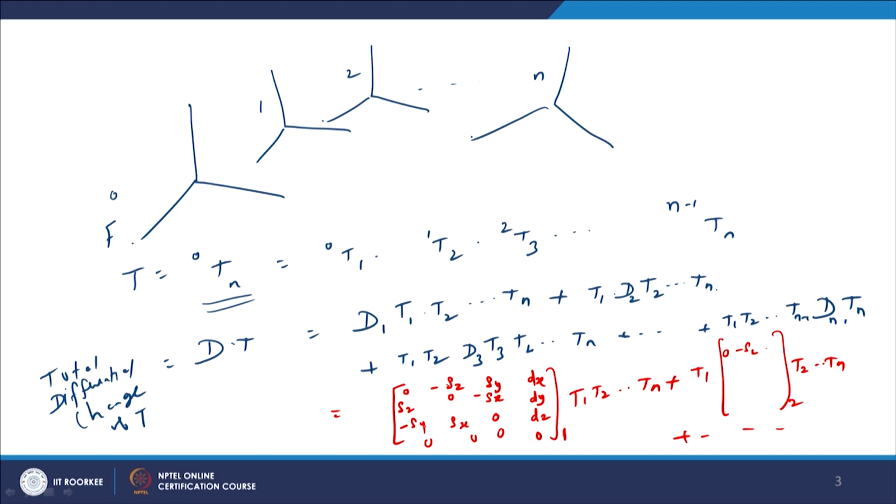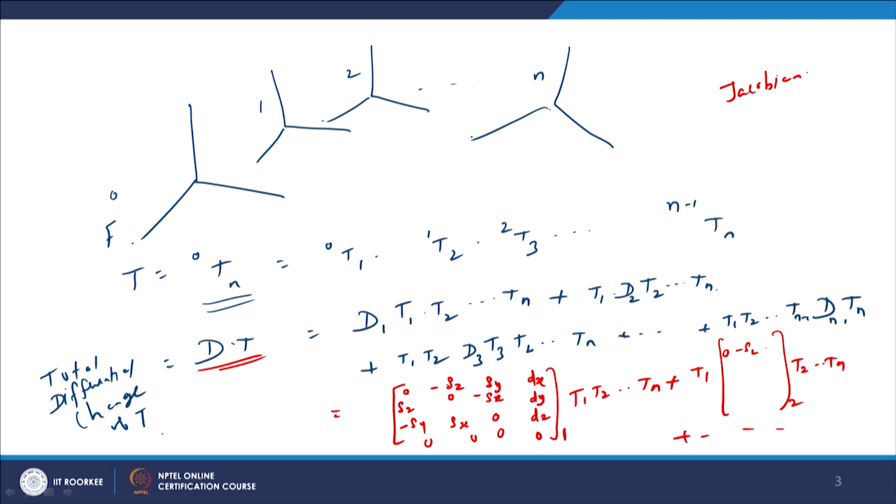If you add all of them, that will give the final total change in the end effector, the end frame, that is the 0Tn frame. Whatever changes have happened here will be obtained by adding all these terms. Finally, we will get a consolidated matrix given by the expression.